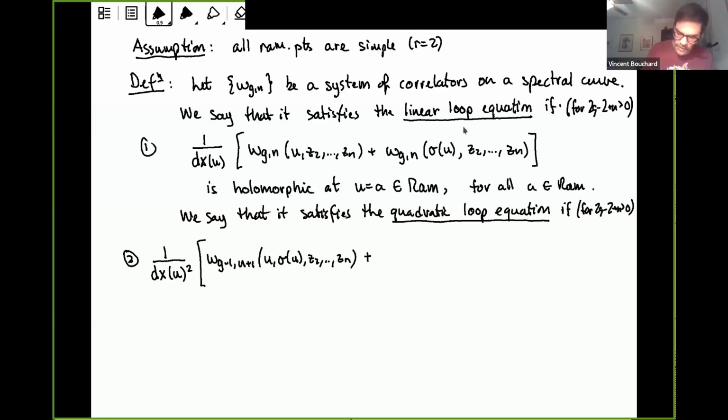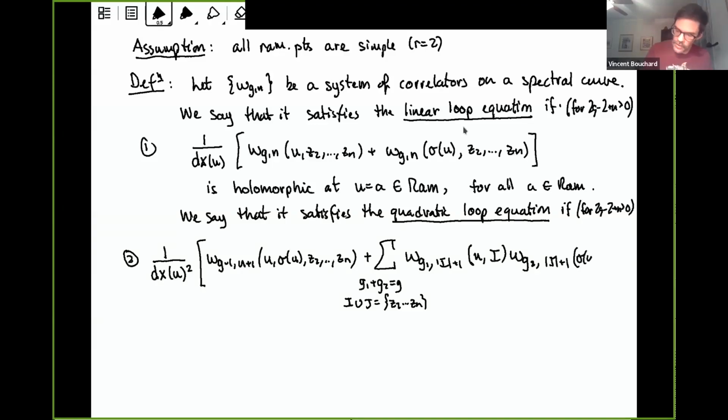First term, second term here is a sum. It's like this. And omega g2, j plus 1, sigma of u, j. Okay, so this is the expression. Again, this is locally defined at the ramification point.